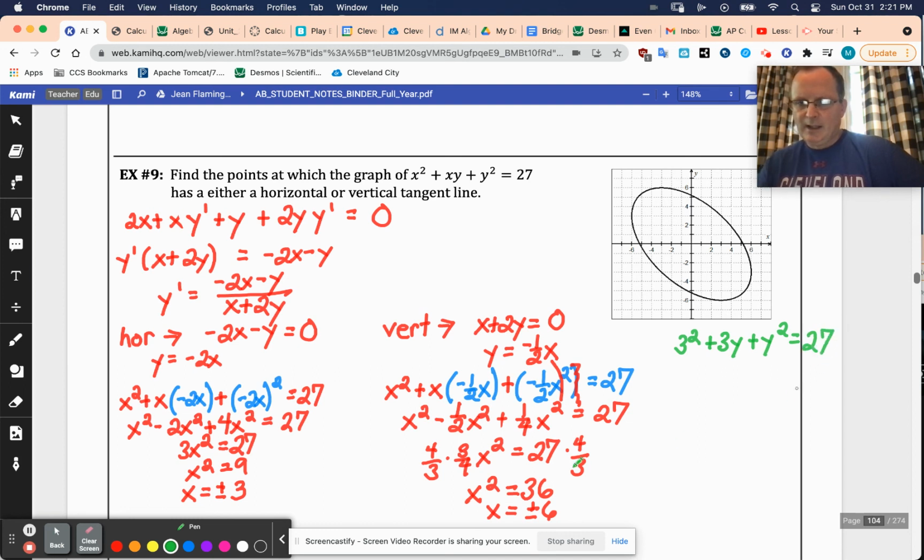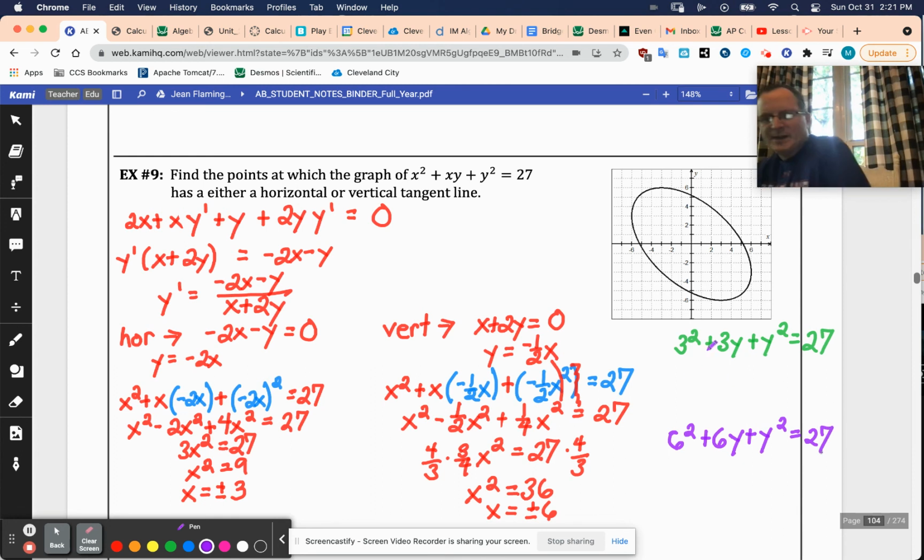And likewise, whenever x is 6, we're going to have 6 squared minus 6y plus y squared equals 27.